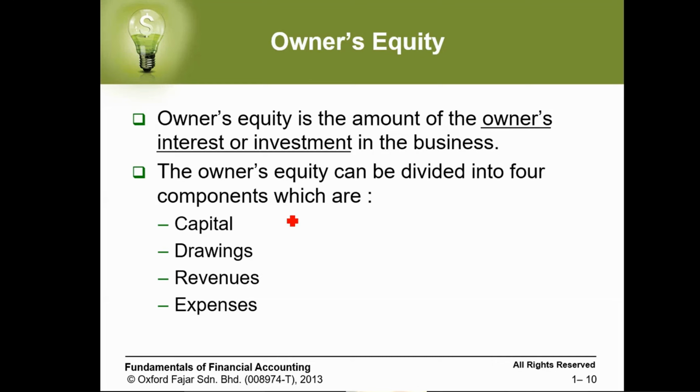Capital, as we mentioned, is what the owner puts in the business. Drawings, what the owner withdraws from the business. Revenue is the income we receive. Expenses is what we pay. Normally, we take the balance of revenue minus the expenses.